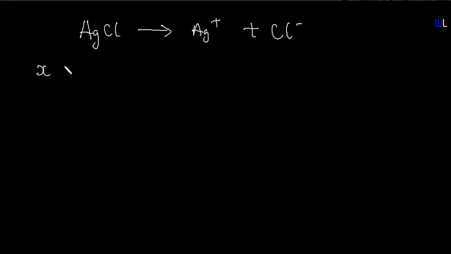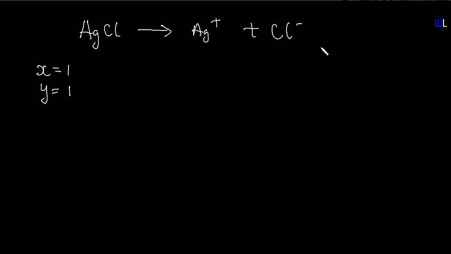Now please, what is x? I hope you know it is 1. What is y? It's 1. I hope you are still with me. Is anybody sleeping? No. Okay, good. So let's continue.